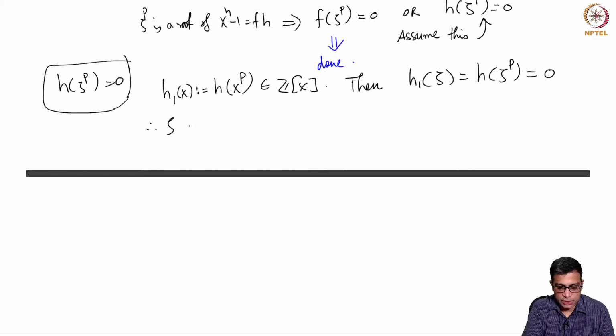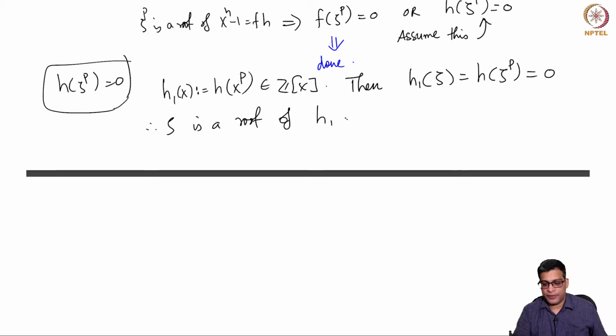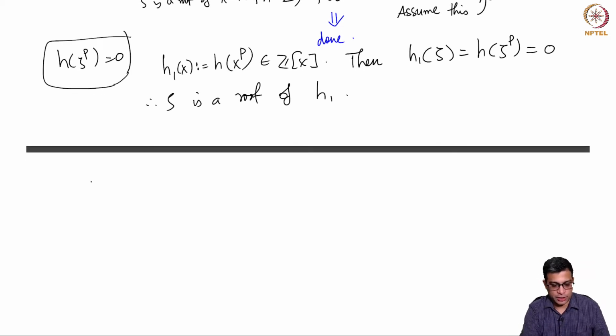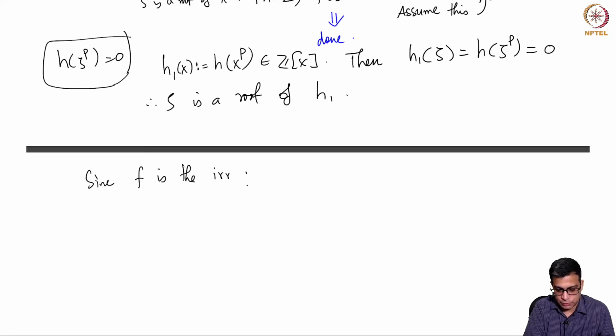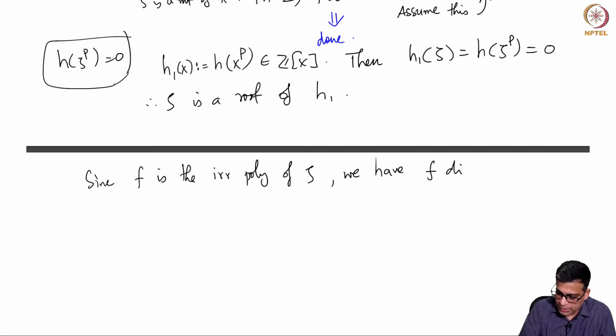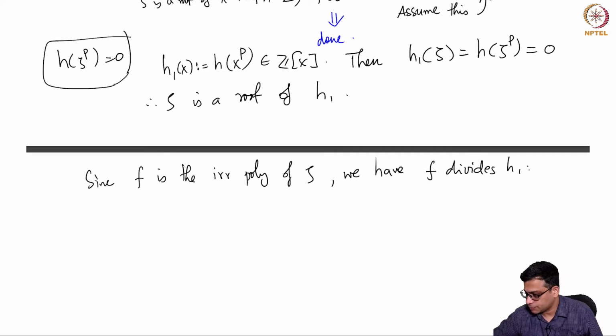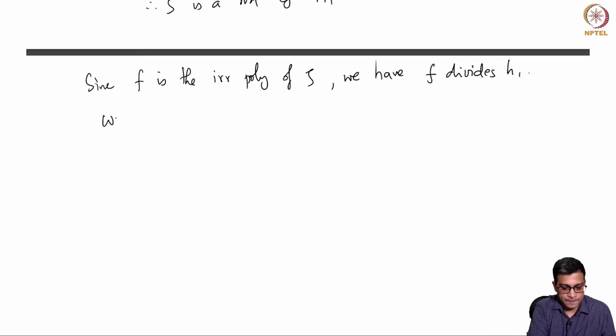So that means zeta is a root of h1. But f is the irreducible polynomial of zeta, so f divides h1.